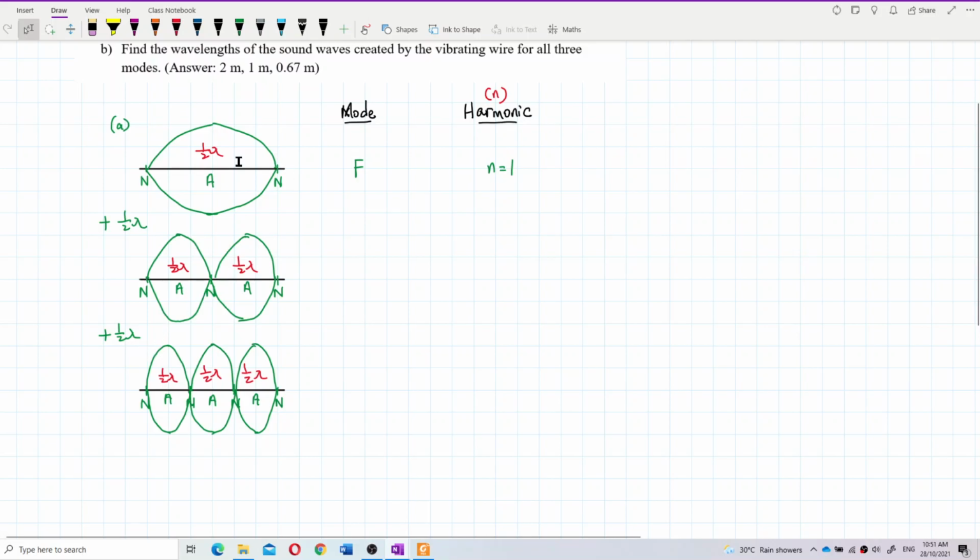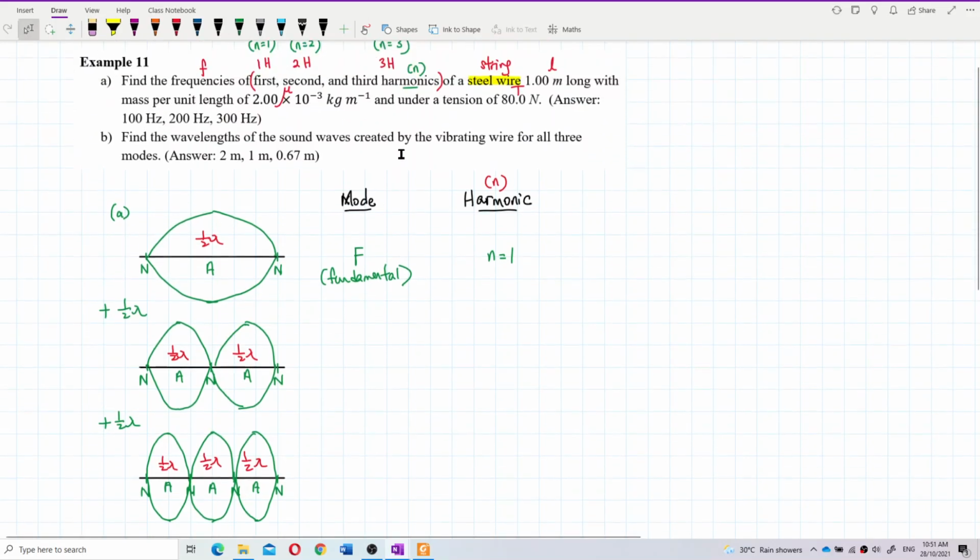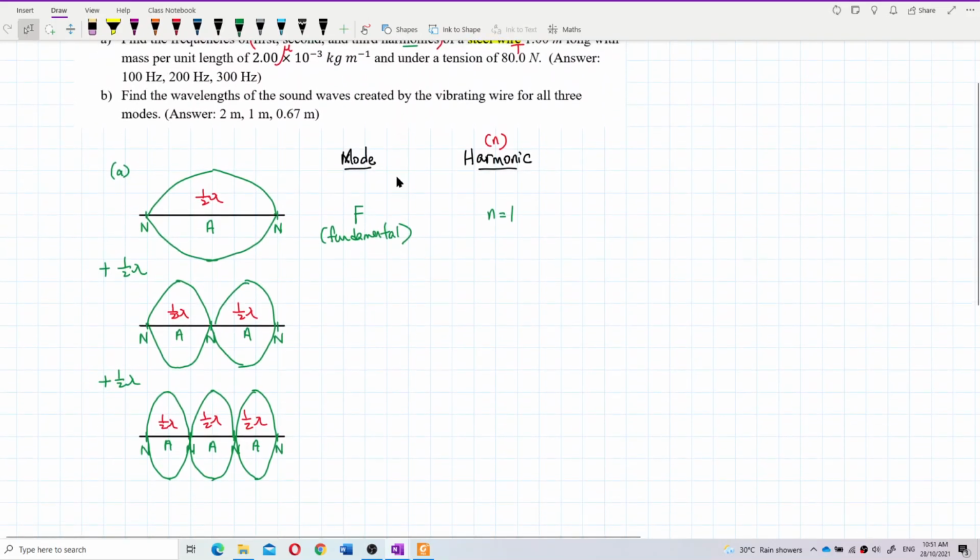So we can say the first one is always the fundamental mode. Then going down is the first overtone, and moving down is the second overtone.